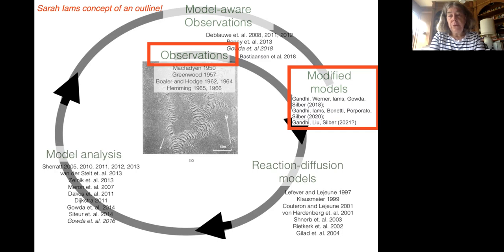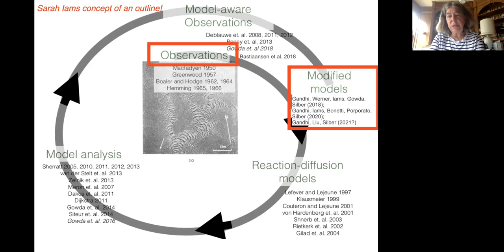And so she sort of presents it like, oh, you have observations, and then there's models, and then you analyze the models, and then that suggests new observations, and then there's new models that emerge. I'm going to deviate a bit from this modeling cycle in some ways, because I feel like, maybe I can talk at the end about why I say I'm deviating slightly.